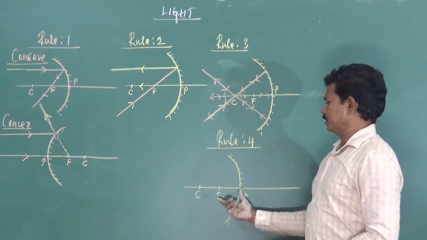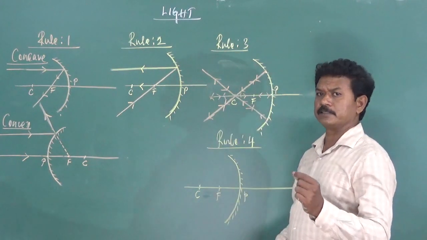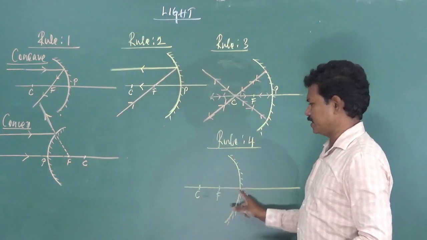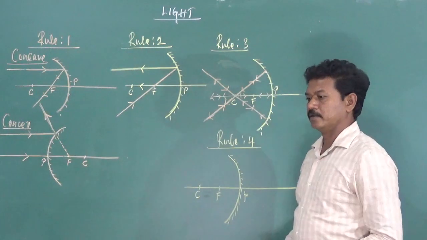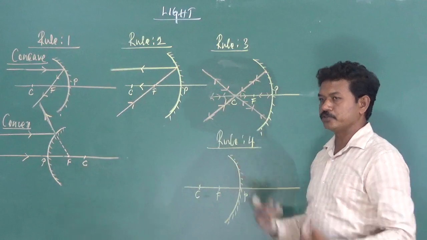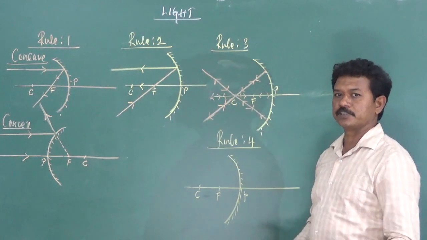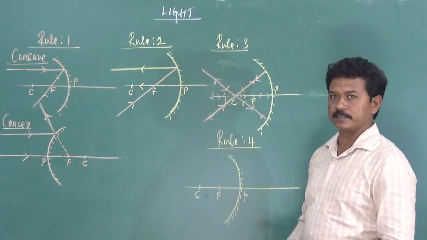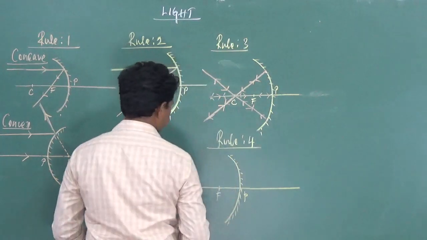Many teachers tell you to mark the principal axis at the center of C and B. You mark it. Sir, why do we have to mark it? You have to do some research and try to learn it. That's very important. Now, let us go with rule 4.